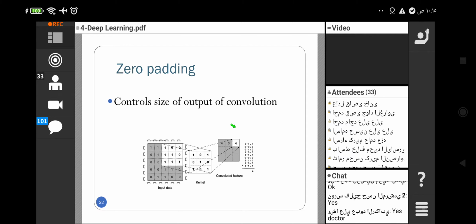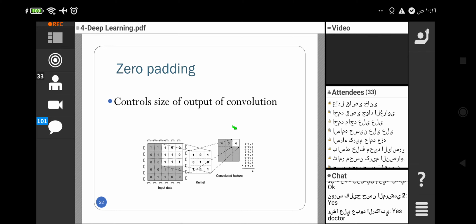So zero padding has this effect on convolution. The number of features would be more when we have zero padding. This output was the features.